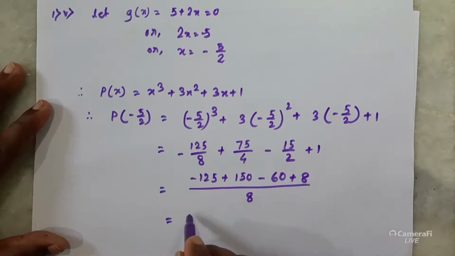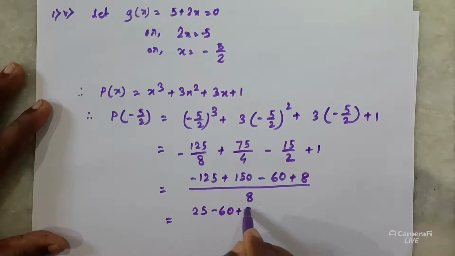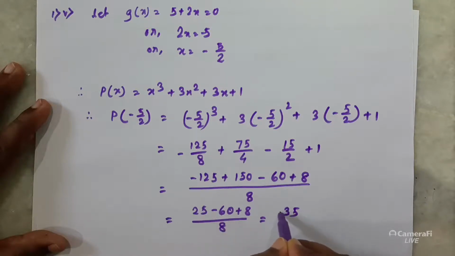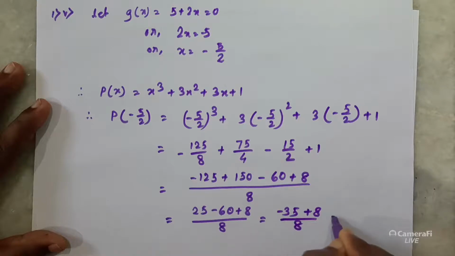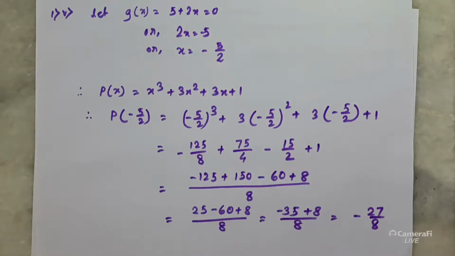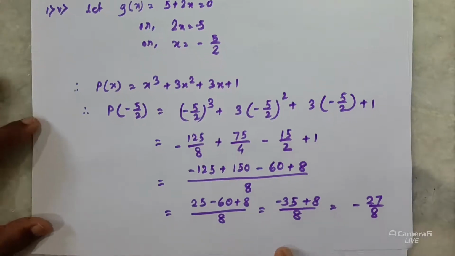If you do that, it will be minus 27 by 8.